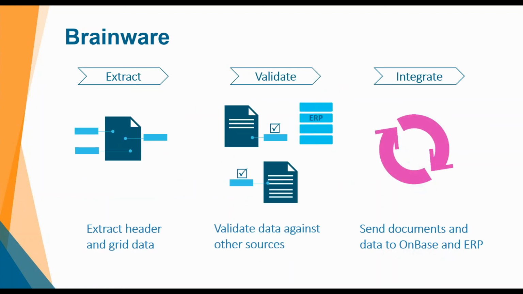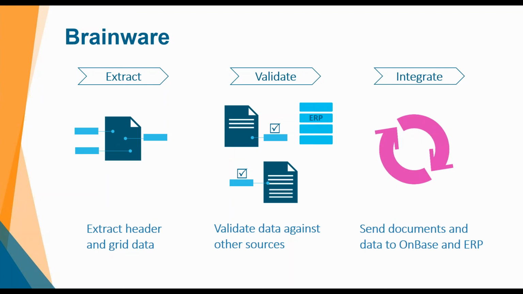Brainware pulls key information directly from paper and electronic documents faster and more accurately than other technologies without requiring templates, anchors, keywords, or zones. Brainware forms a complete document processing system, combining automatic document classification, extraction, and validation, as well as archiving, and then through the integrations that Emma spoke about just a few minutes ago, automatically uploading that data directly into your ERP system.